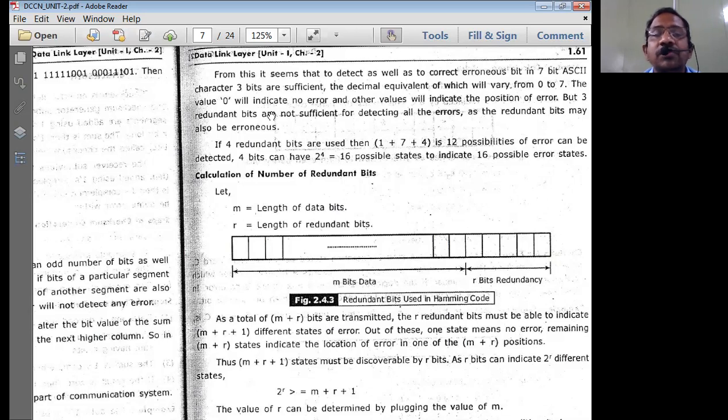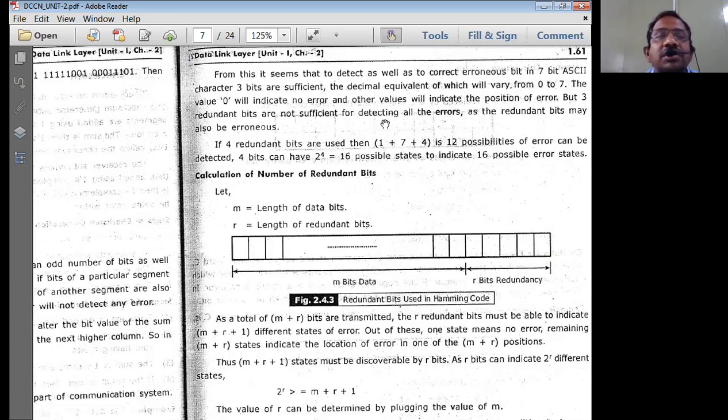So if you consider small m to be the data bits, and small r to be the redundant bits, then for example, if m is equal to 7, 3 is sufficient here. So 7 plus 3 is equal to 10 bits, which are sufficient to locate the errors.